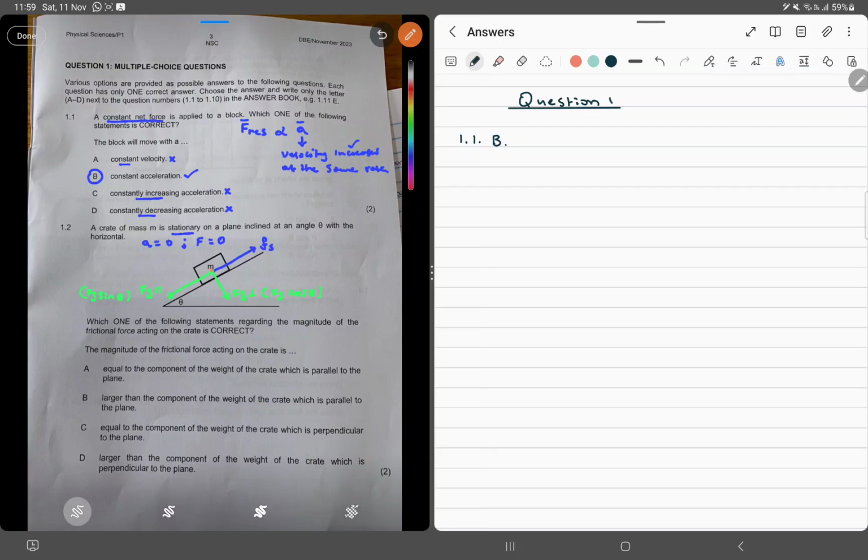And then we will have a normal force directed perpendicular to the surface. Okay, the normal force is of equal magnitude with the FG perpendicular, because this object is not dipping into the surface or is not being lifted off the surface.